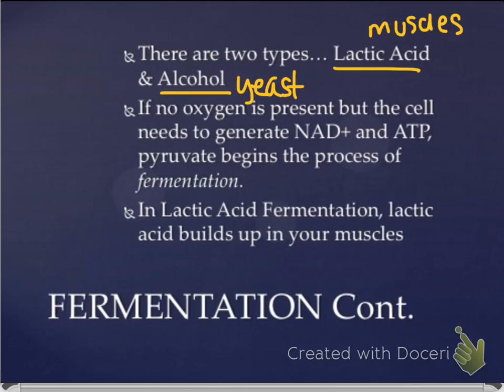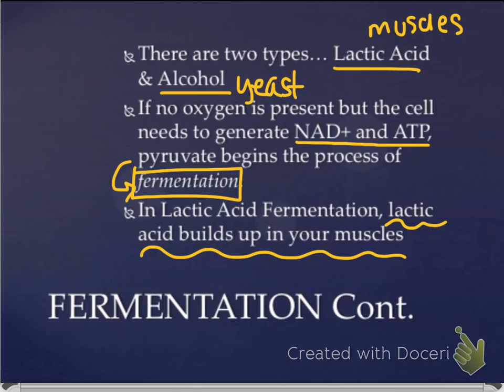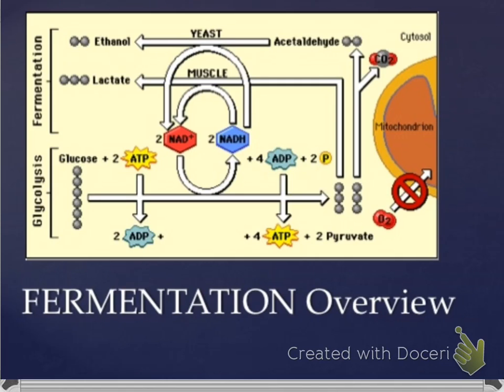Okay? If no oxygen is present, but the cell needs to generate this NAD plus and ATP, the pyruvate will begin fermentation. And this is also, like I said, where the lactic acid builds up in your muscles. That's where you get that from. So one last look here. It's going to go through glycolysis no matter what. Makes this pyruvate. If there's no oxygen and you're doing some heavy workout, it's going to go up here.